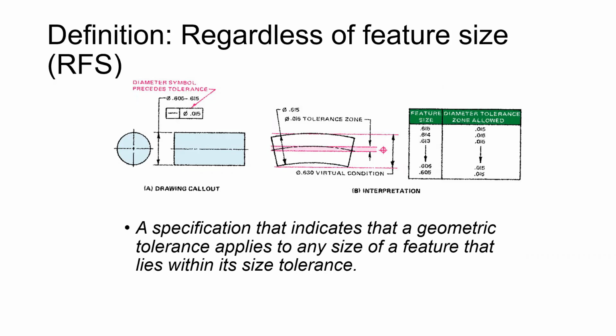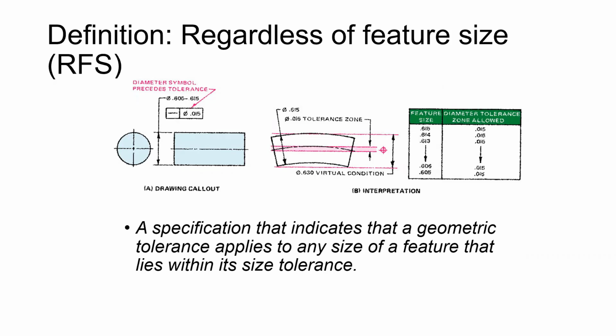If you look at the center illustration there, you see the pink cylinder that has that 0.015 tolerance zone. And the center of that shaft, regardless of what the diameter is, has to stay within that zone to be within tolerance.